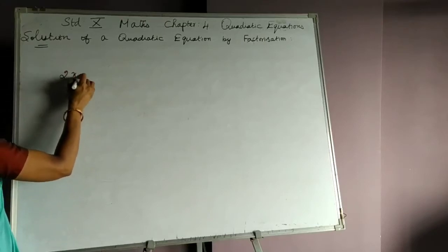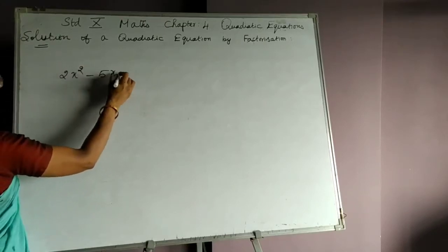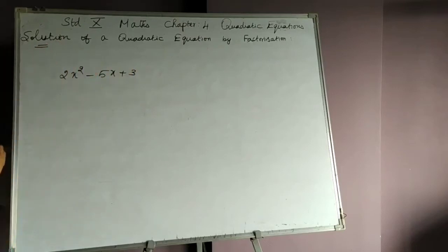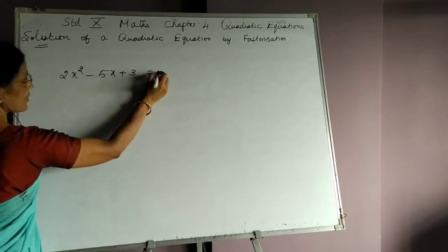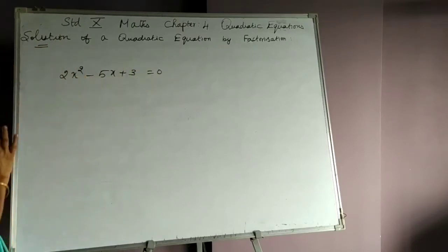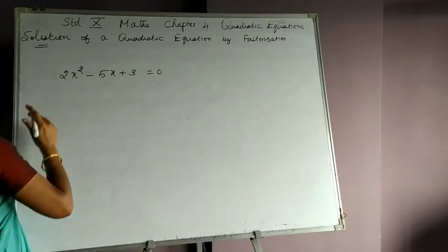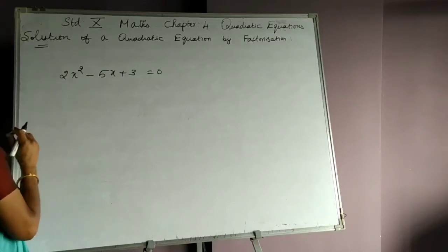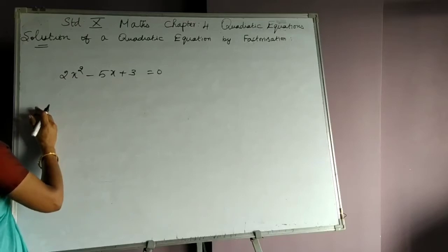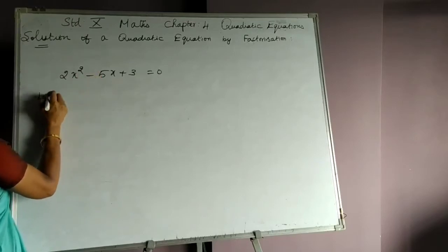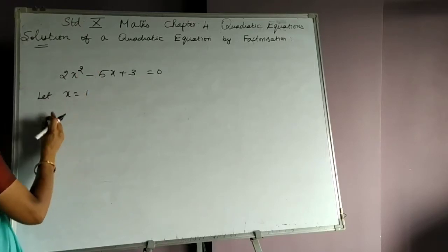For example, 2x square minus 5x plus 3. Say this is a quadratic equation, no doubt it is a quadratic equation. How to find the solution, or what is the meaning of the word solution? Suppose I take x equal to 1 at random.